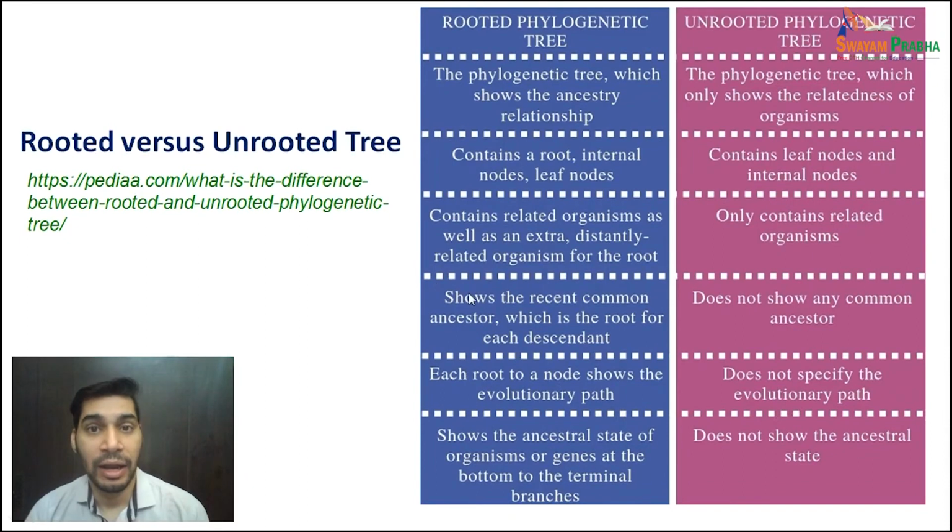A rooted phylogenetic tree shows the ancestral state of the organisms or genes at the bottom to the terminal branches, whereas an unrooted tree does not show the ancestral states. So if you see broadly, they do differ in terms of whether a root is present or not. A root basically means the common ancestral form of the descendants.